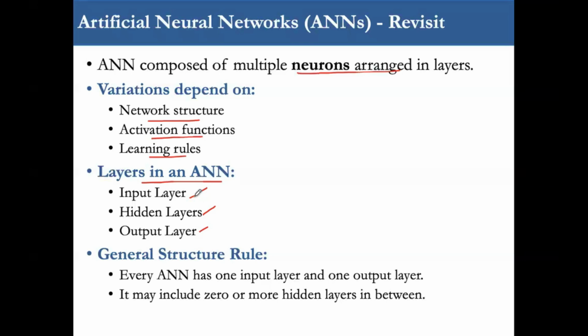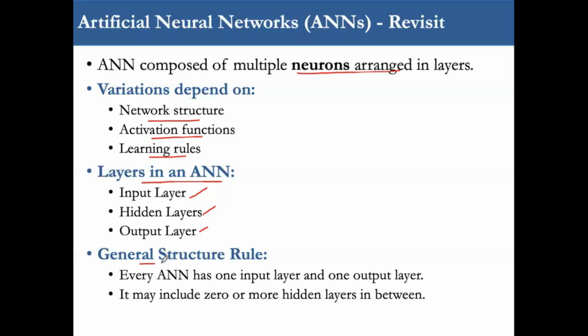The hidden layers are optional. We can have one or more layers which process the features and extract the patterns. The output layer should always be present in any ANN, and it produces the final output, which can be a prediction or classification.